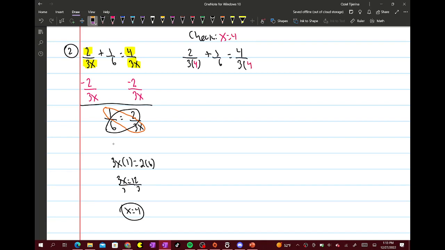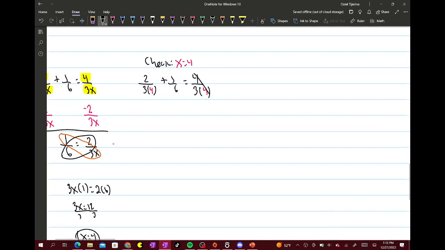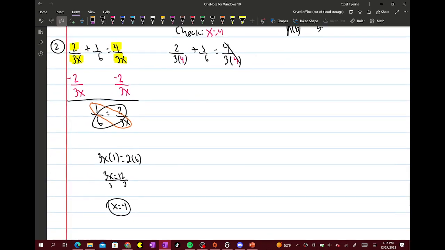And if you think about it, this can cancel out, right? If you remember from basic algebra, a over a times b is just 1 over b, really, because you can cancel that out. So this would be 2 over 12 plus 1 over 6 equals 1/3. And you would reduce this fraction here.